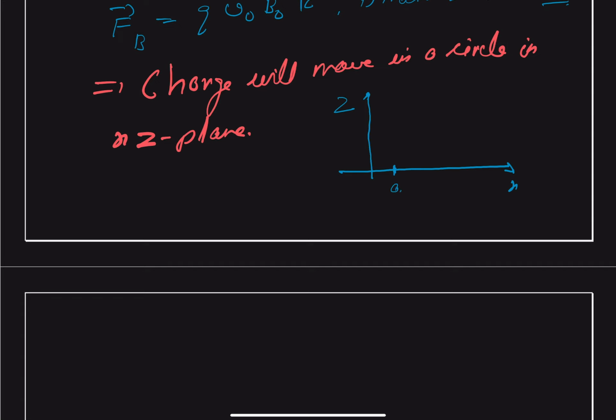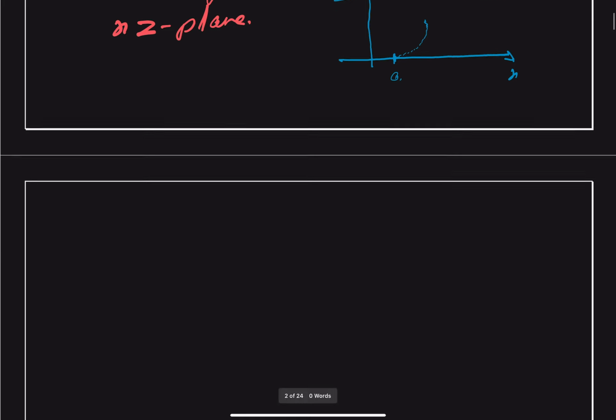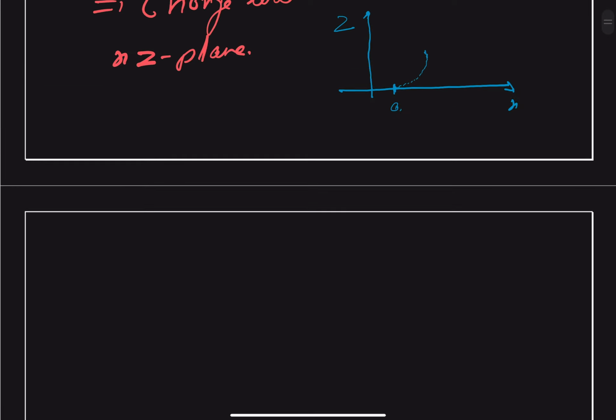So it will try to make a circle, and that will be something like this. And now we can also find out the radius. Let me write our radius r, which will be equal to m v naught divided by q times B naught.